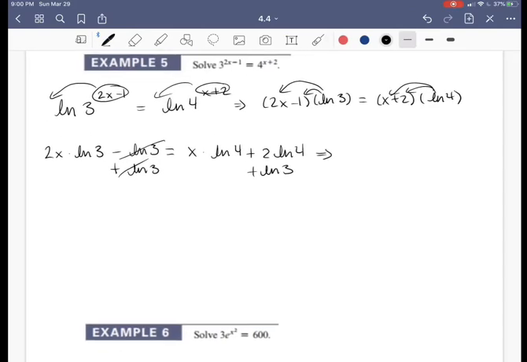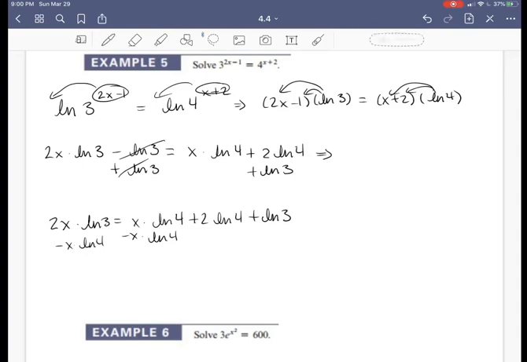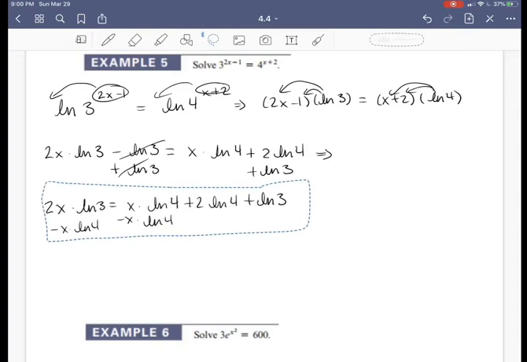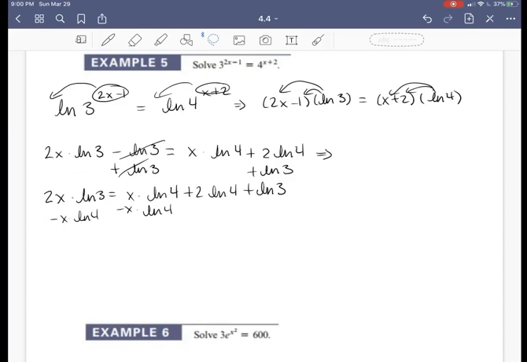So I have 2x times natural log of 3 is equal to x times natural log of 4 plus 2 natural log of 4 plus natural log of 3. This cancels with this.